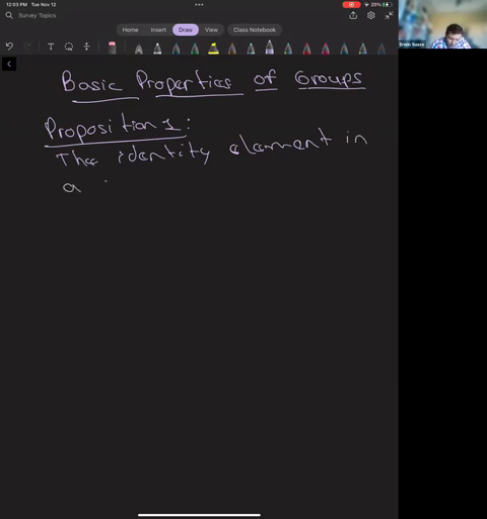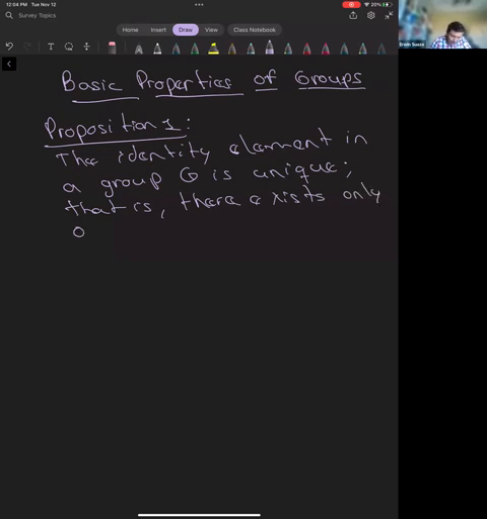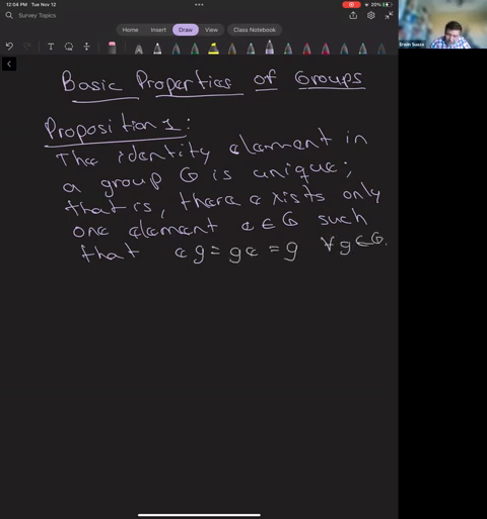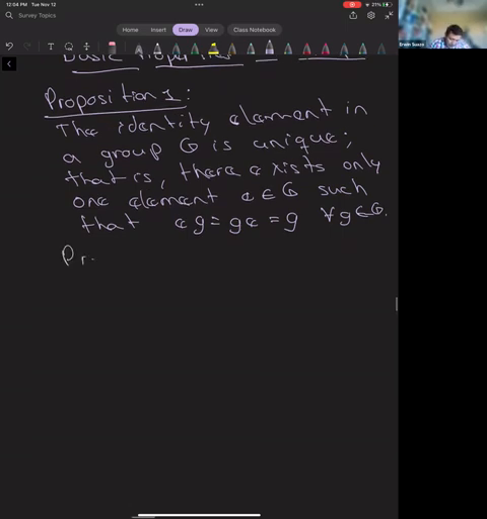That is, there exists only one element E in G such that EG equals GE equals G for all G in G. Okay? So this is the proof.